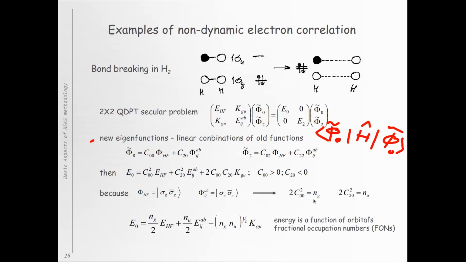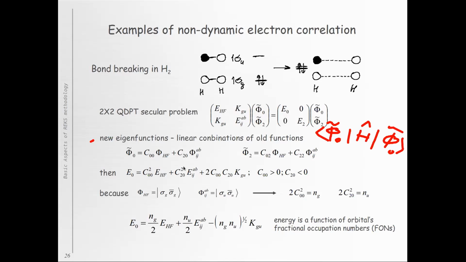But I focus here on a very simple situation, only a two-configurational wave function, where interpretation of these occupation numbers is rather simple. On average, I have a contribution of this configuration with this weight and a contribution of this configuration with this weight.